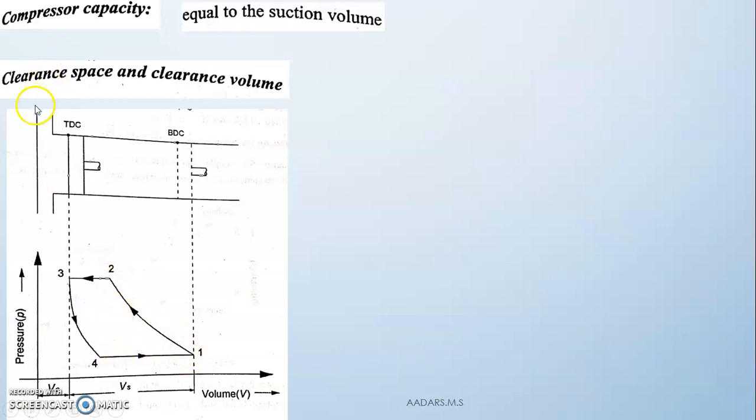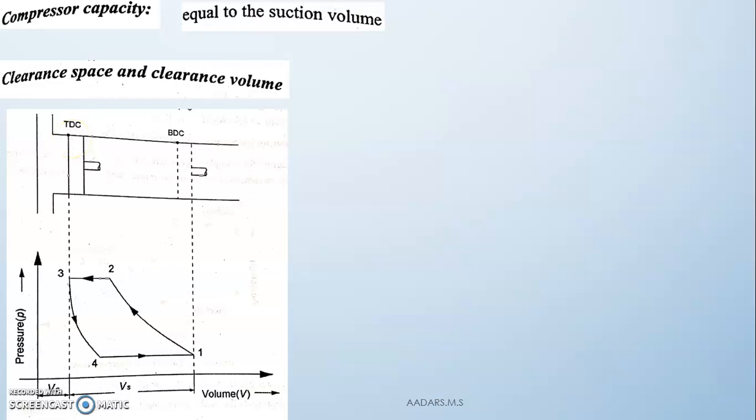Initially the outlet valve will be in the closed position. After reaching some pressure only, it will be automatically opened. So initially, when the piston moves from the bottom dead center to top dead center, the valve is closed and the air inside the cylinder doesn't have enough pressure to open the valve.